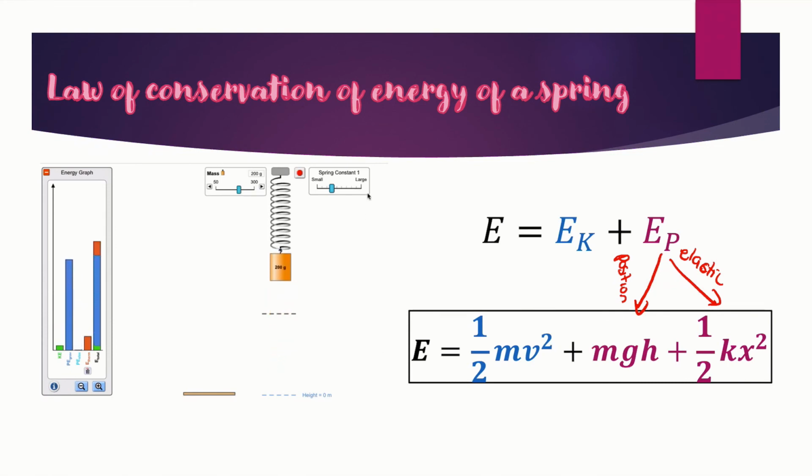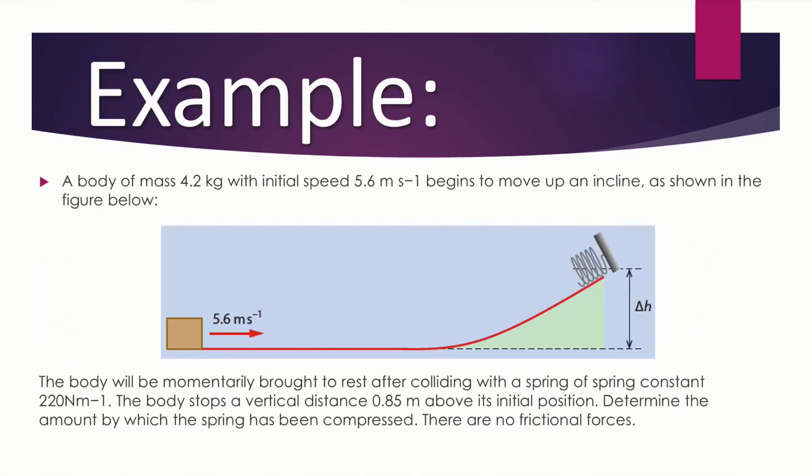Well, now let's solve an example. It says a body of mass 4.2 kilograms with initial speed of 5.6 meters per second begins to move up an incline as shown in the figure.